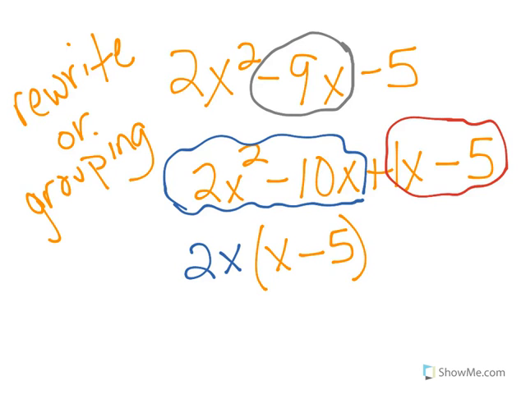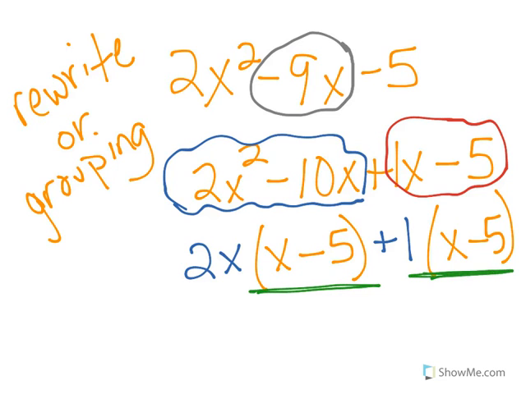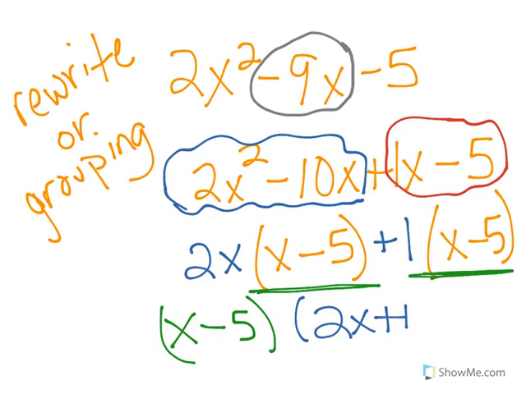And what goes into both 1x and minus 5? 1. So I'm going to factor out 1, and that leaves me with x minus 5. And so now I've found a common factor, and that common factor is x minus 5. So I'm going to take out an x minus 5, and that leaves me with 2x plus 1.